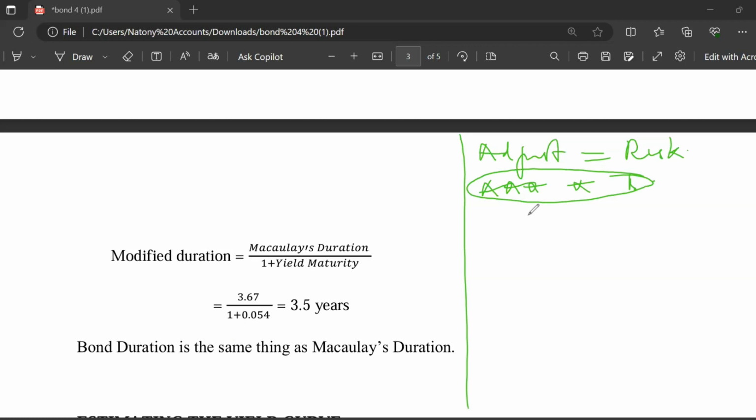So in this question, the examiner asked you to calculate, first of all, the bond price. Secondly, the YTM. But your examiner may just ask you to calculate the YTM straight.